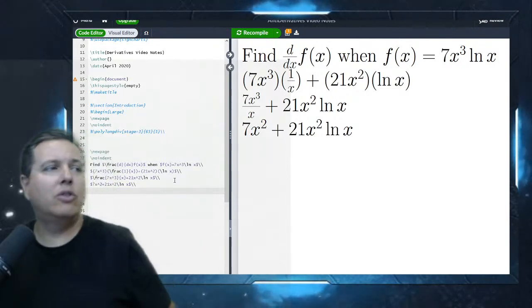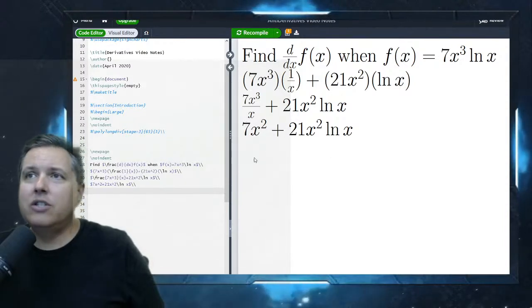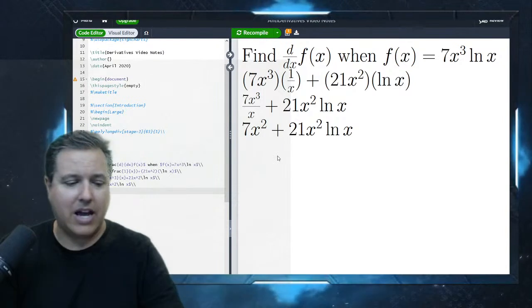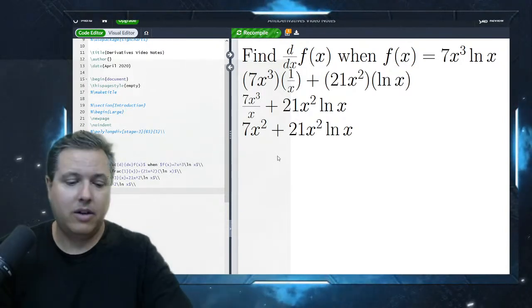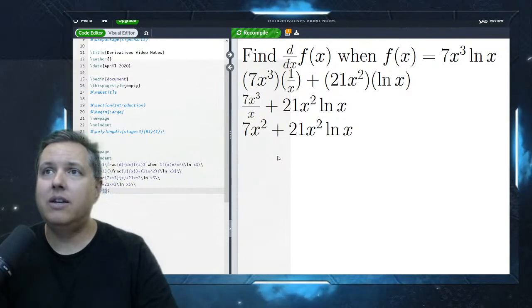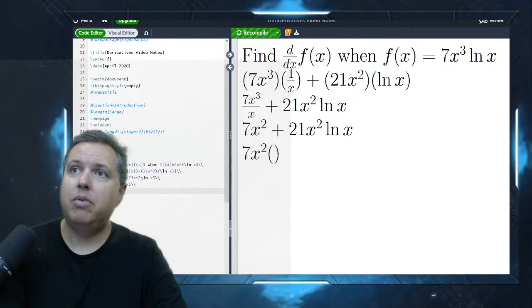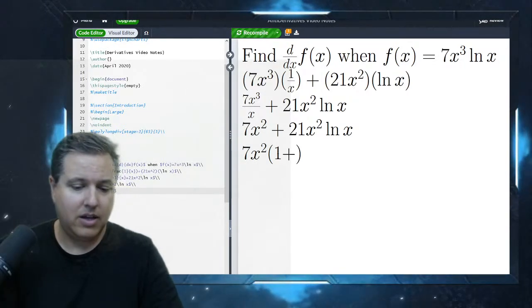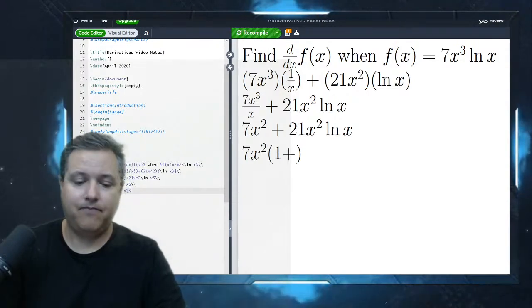So what we would do is look at this term and say, well, what's in common? It looks like they both have a 7x squared in common, so let's factor that out. So 7x squared times the quantity 1 plus, so we're going to have 3 times the natural log of x.